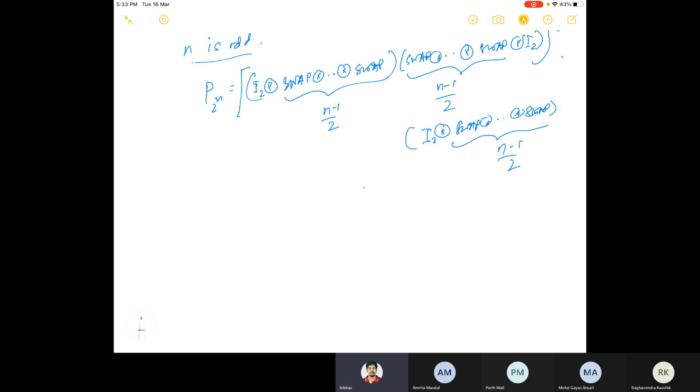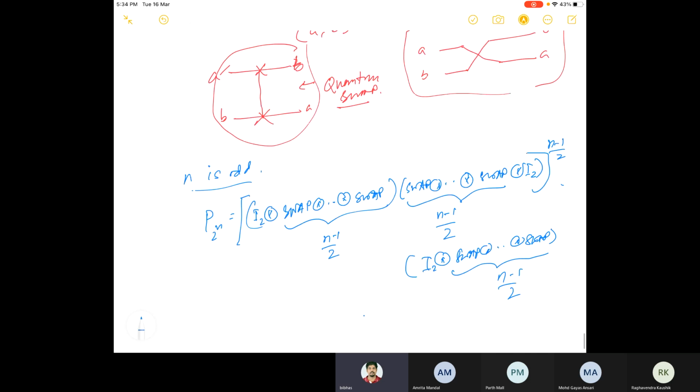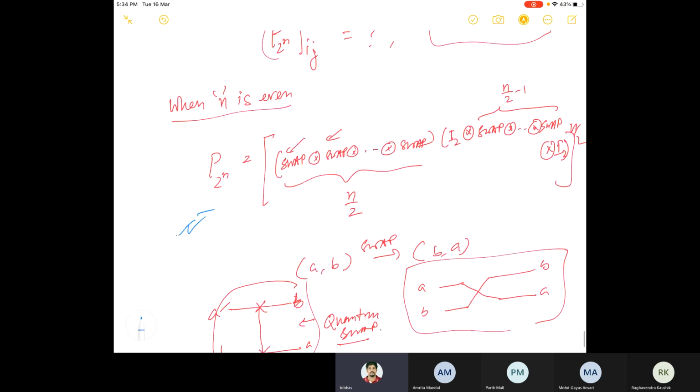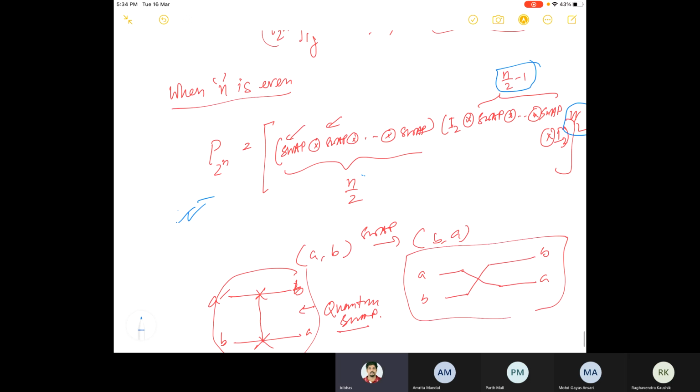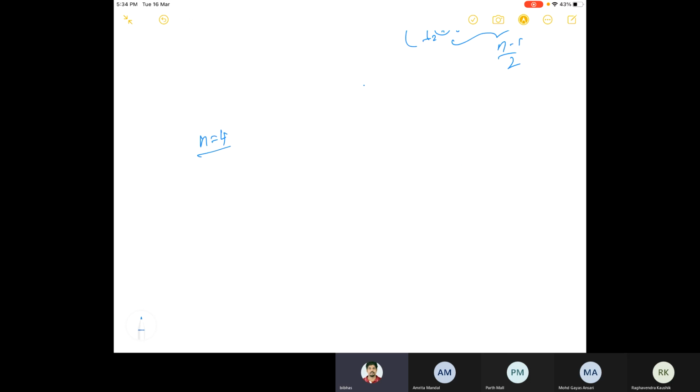You can also check: suppose you take n equal to 4, then there are 4 qubits. If n is even, there will be n by 2 here, n by 2 minus 1 here, and n by 2 here. If n equals 4, the circuit will look like this.